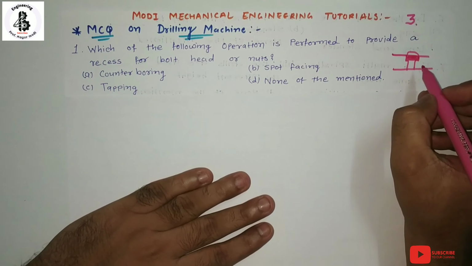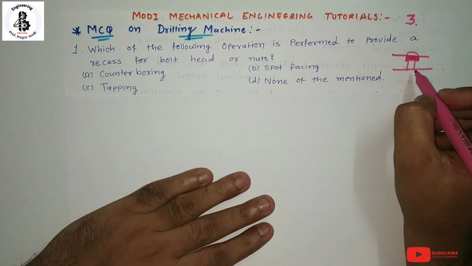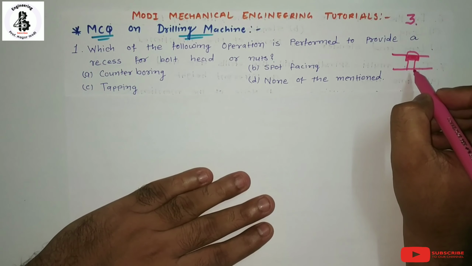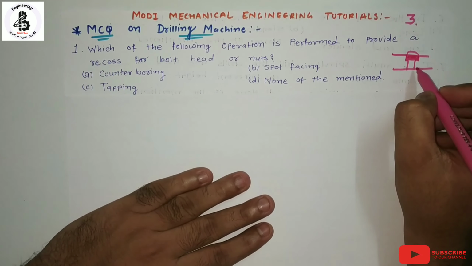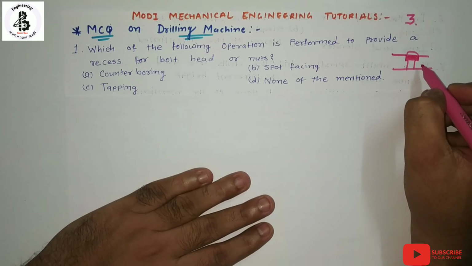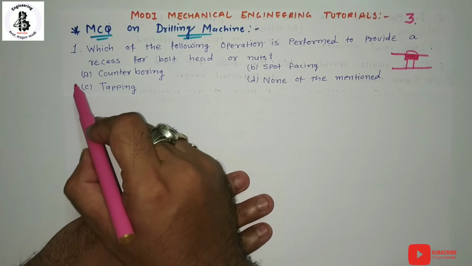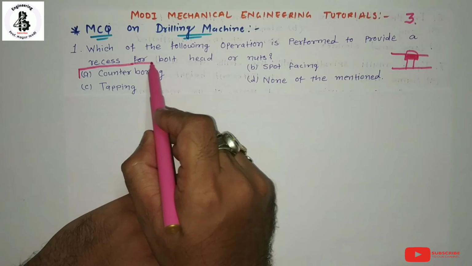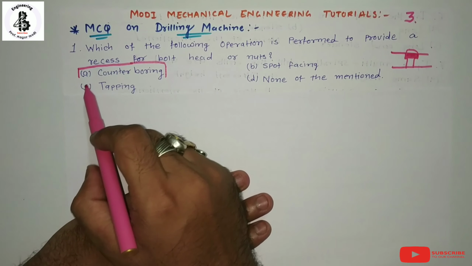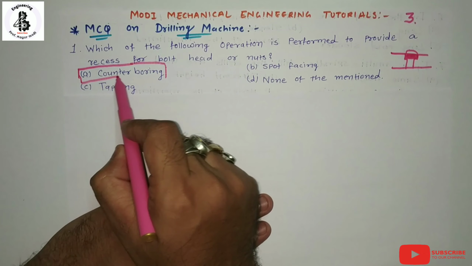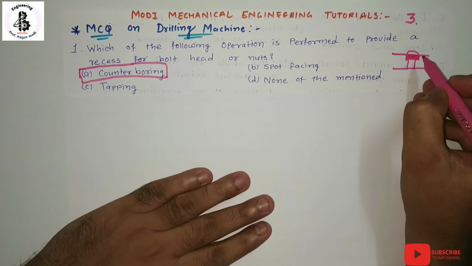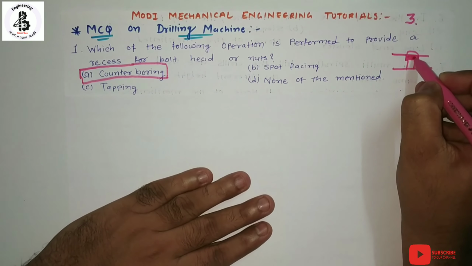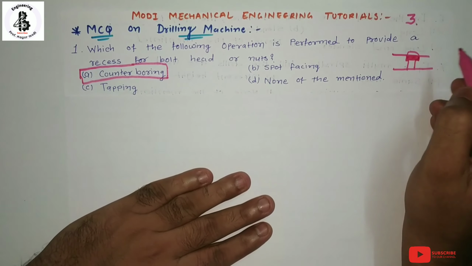Counter boring is used for enlarging the diameter over some portion. So option A, counter boring, is performed to provide a recess for bolt heads and nuts, so that the bolt head and nut can be easily inserted into this gap.